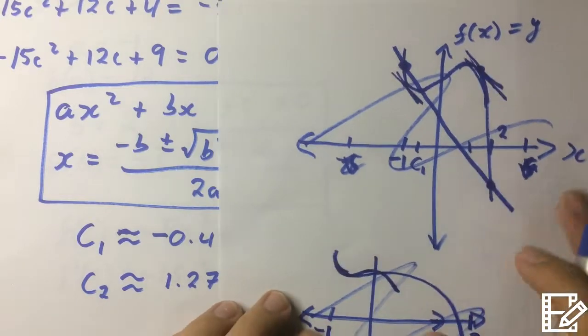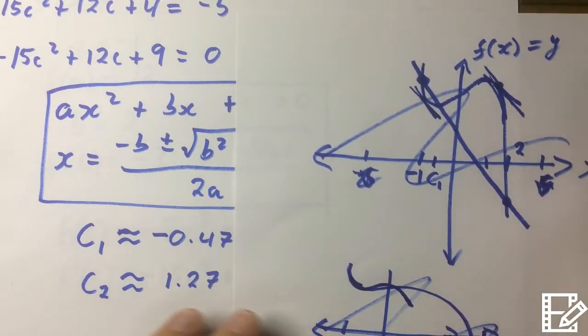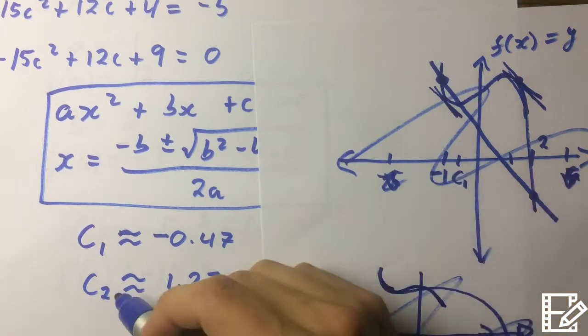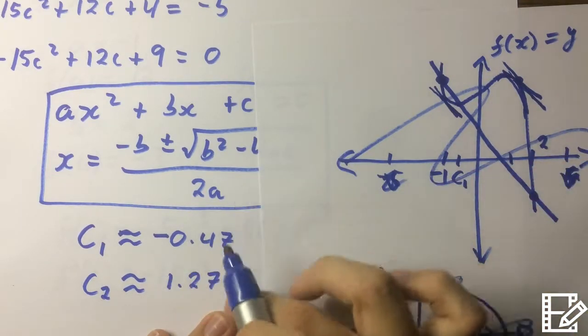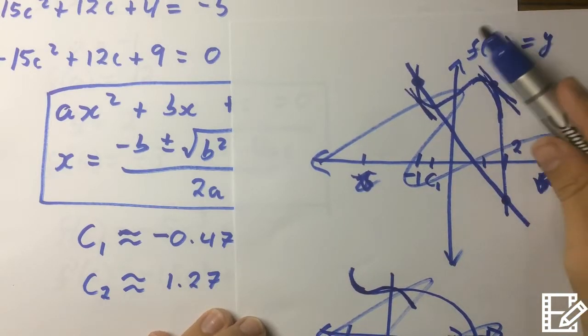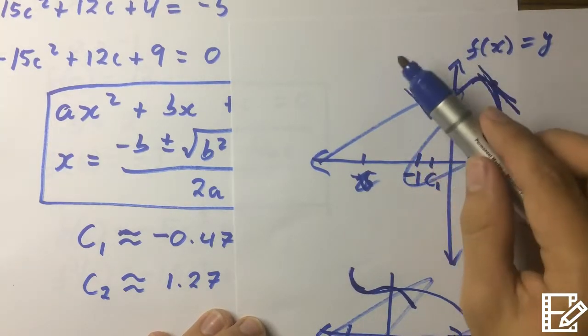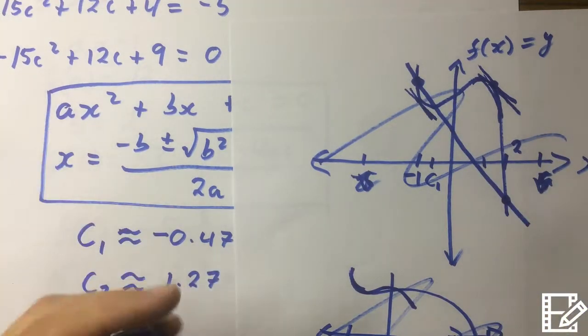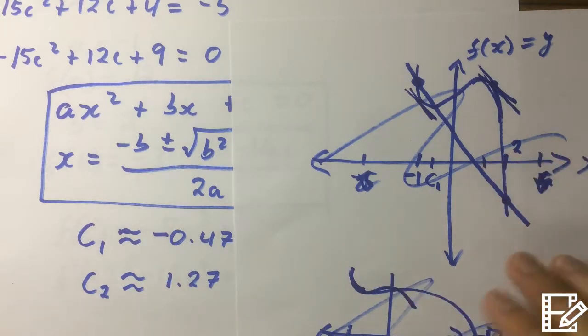Obviously I can't draw graphs, but the whole point is that at c1 and c2, which are these x values here, the slope at that point will be the same as this slope passing from this point to this point. So hopefully that makes sense. If you've watched my other videos on the mean value theorem, it should make sense. I just can't draw these.